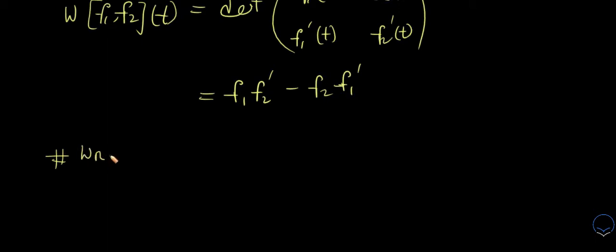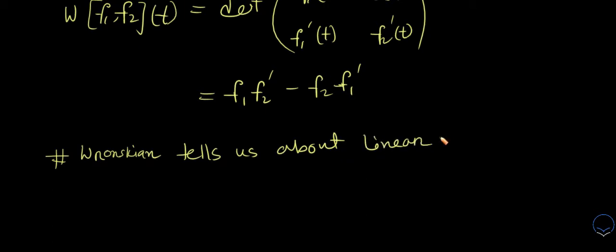So the Wronskian tells us about linear dependence of f1 and f2. In fact, you can go on and generalize this for many functions, where let's say you have n functions and you want to see whether they're independent of each other or not. You can even do that, but this will not be needed for now, and when it will be needed, I'll discuss that with you guys.